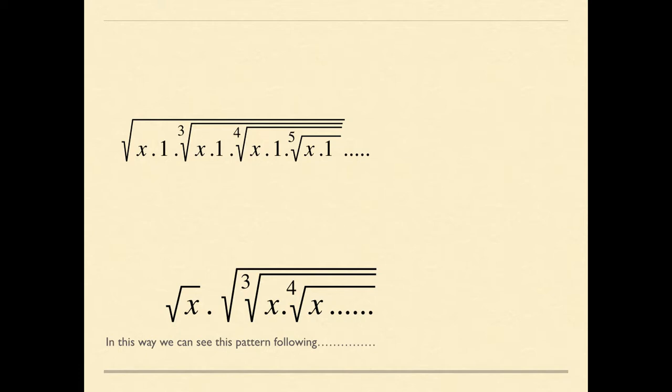In every square root, I have included times 1 so that it will be easier for me to break down each part of the square roots, cubic roots, fourth roots, and fifth roots into different terms.